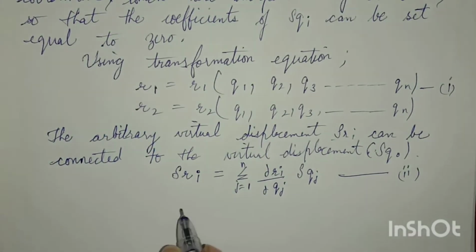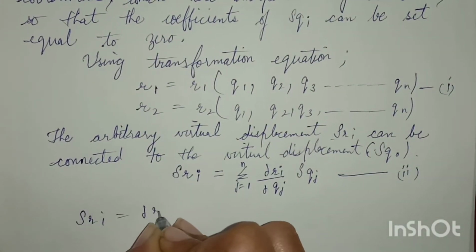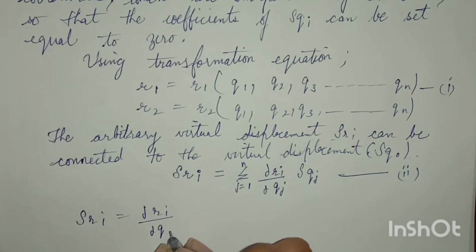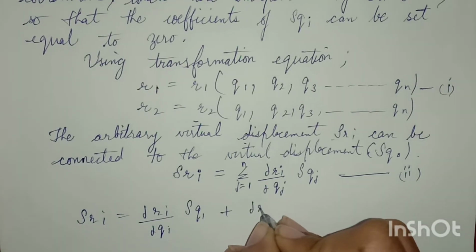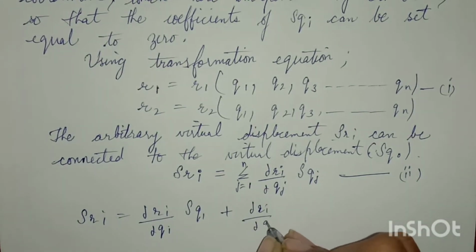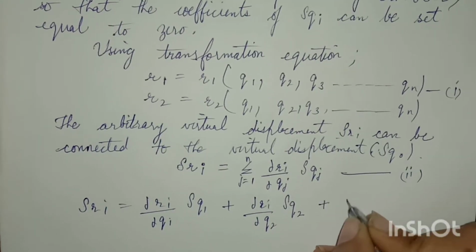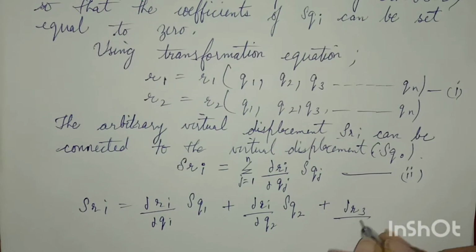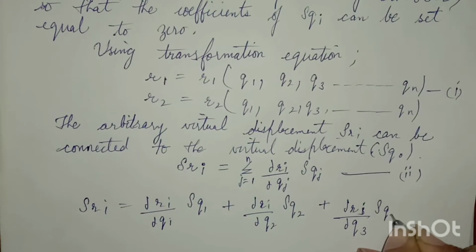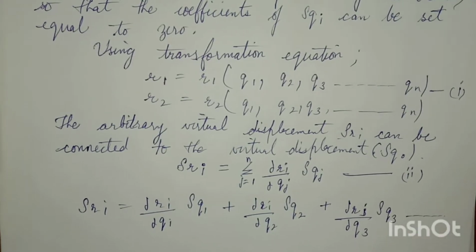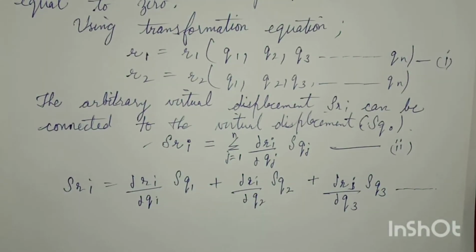Delta Ri we can also write like that: delta Ri is equal to curl R1 upon curl Q1 delta Q1 plus curl R2 upon curl Q2 delta Q2 plus curl R3 upon curl Q3 delta Q3 and so on. So this whole is equal to this one.